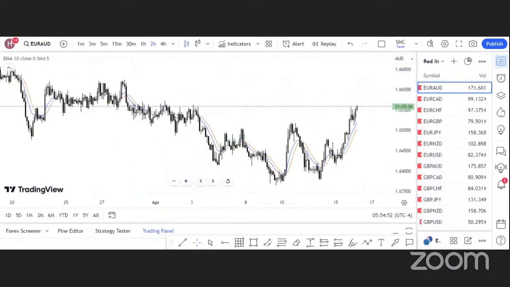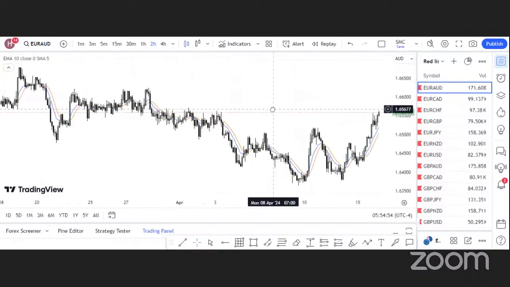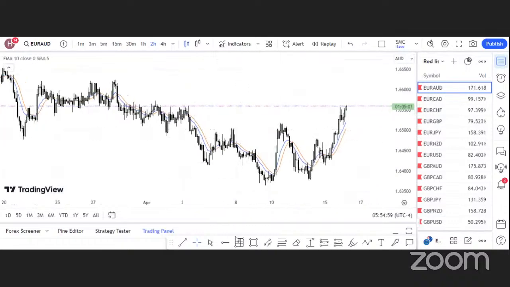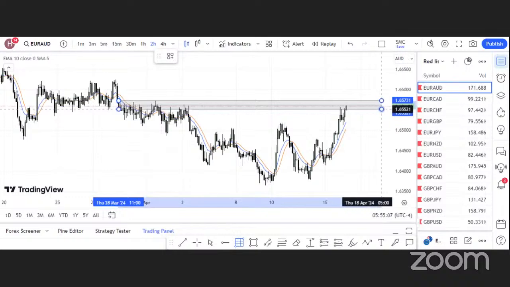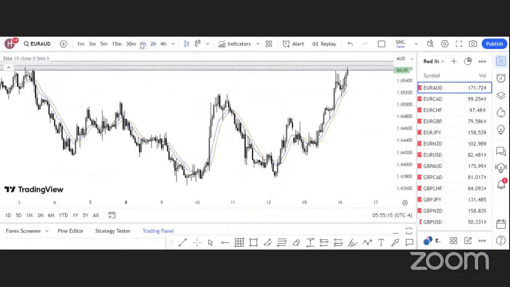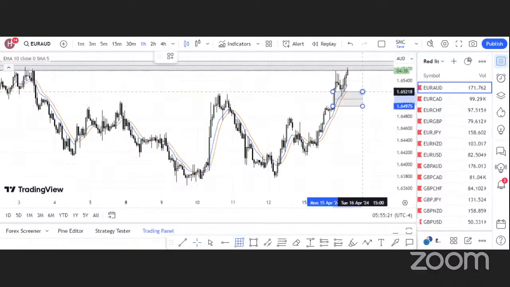And on Euro AUD, as you can see, the market has been on the bearish side. We are currently on the 2-hour time frame. The market is currently on a resistance zone.